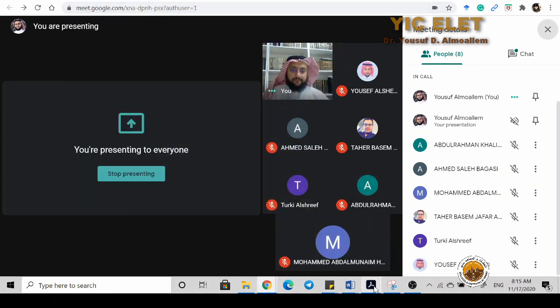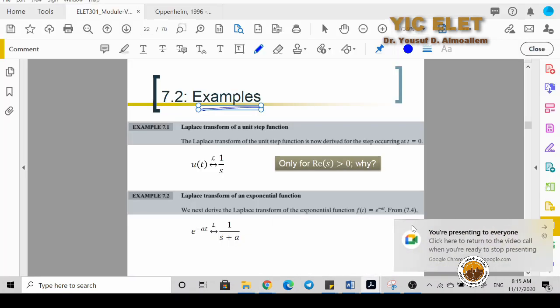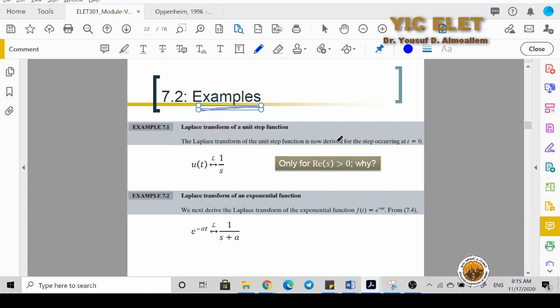Okay, let's continue. So this is the example where we can do a Laplace transform for the unit step function. If we substitute in the equation, we will see, inshallah, that the unit step function is replaced by 1 over s.